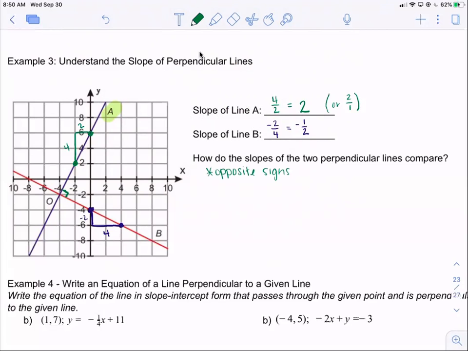This is called a reciprocal, or a flipped fraction. So what we often say is that the two slopes are opposite reciprocals.